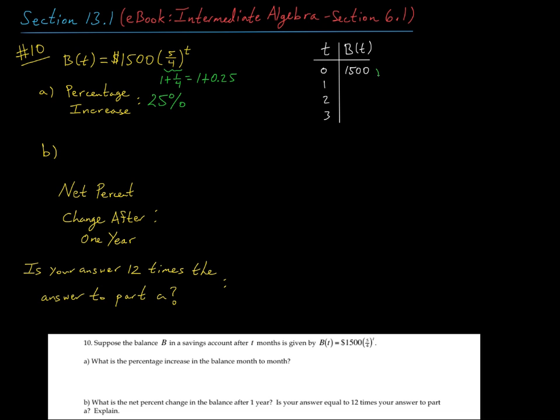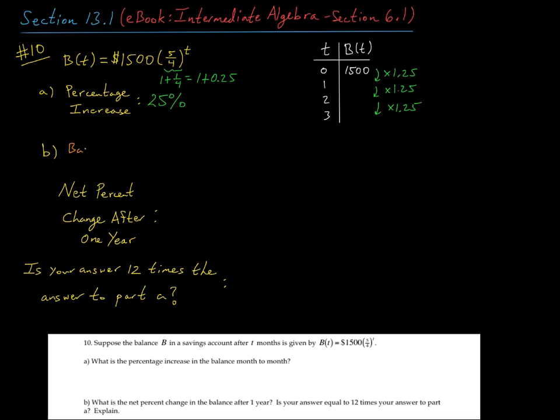Okay, and our multiplier is just 1.25 from month to month.